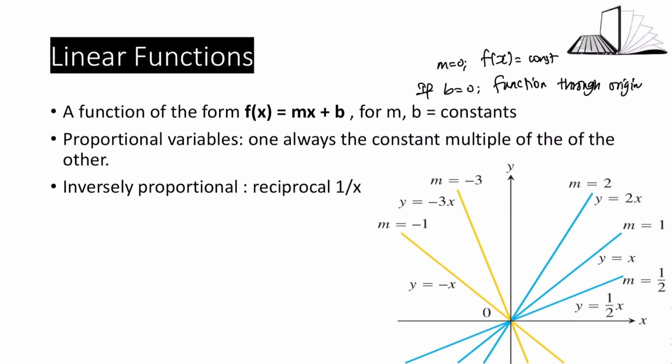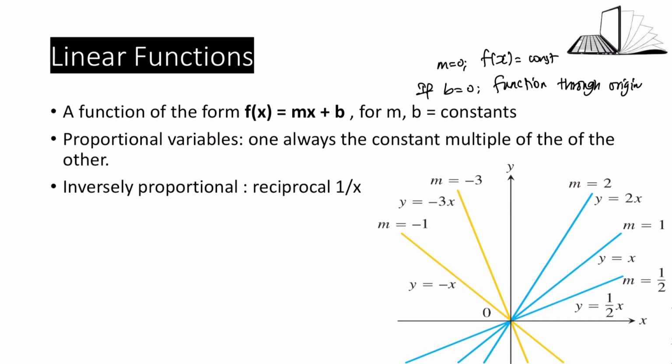This is one form, for example when m is equal to 2 and b is equal to 1. This is how the function looks whenever we have a linear function that takes the form of mx plus b.